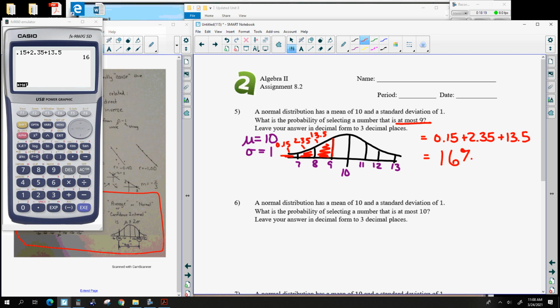Straight up 16%. As a decimal, that is 0.160.